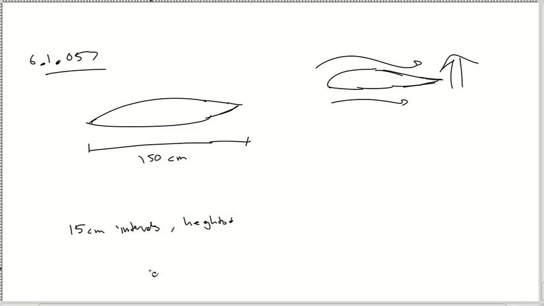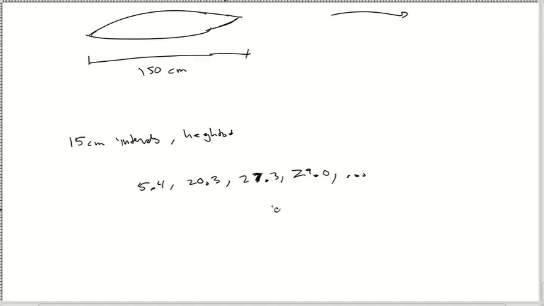I will not list them all out, but I will give you a couple. 5.4, 20.3, 27.3, that's a 7. 29.0, okay, good enough. So there's 10 of them, obviously 150, we got 15, 10 of them, okay, cool. It says find the area with the midpoint rule n equals 5.